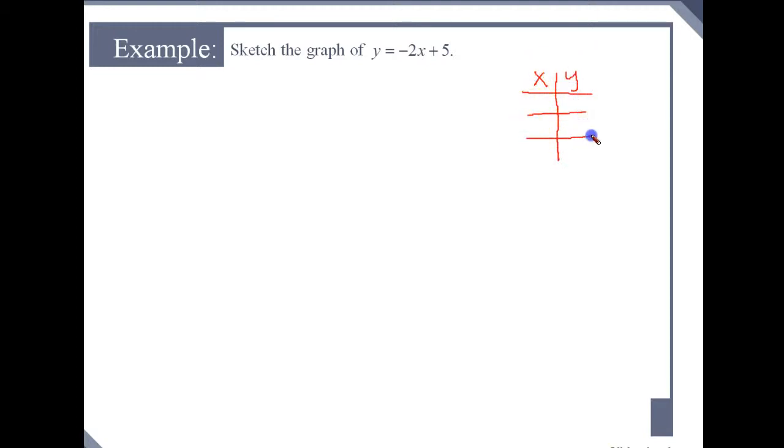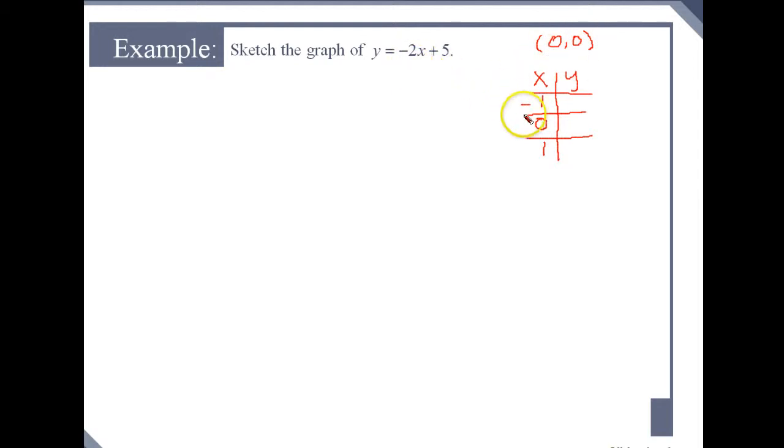And usually we like to get 3 points, and the points we like to get are toward the origin, whose coordinates are 0, 0. So if we choose for x, let's say, -1, 0, and 1, it's going to be right around the origin where we make our graph.